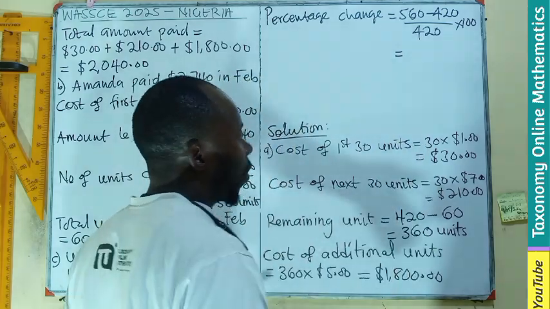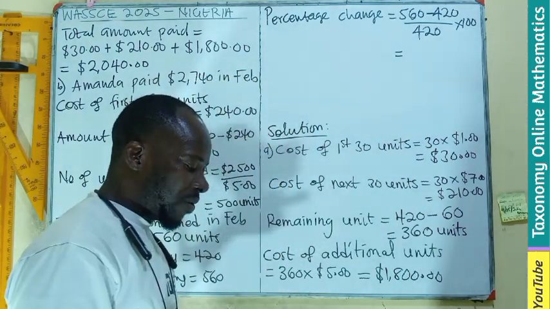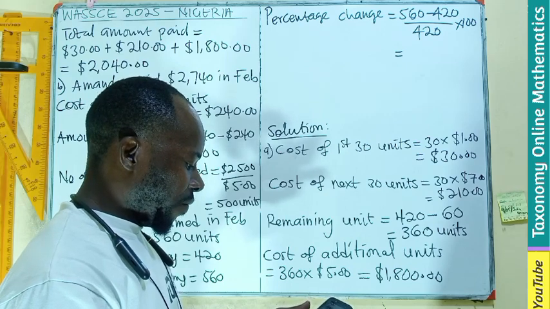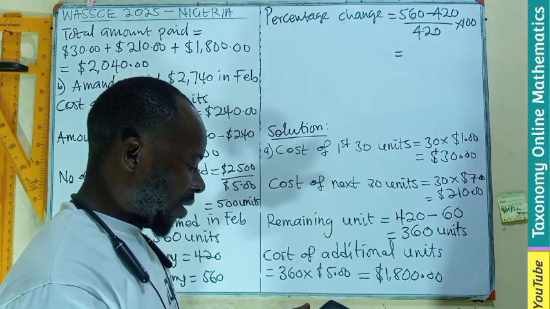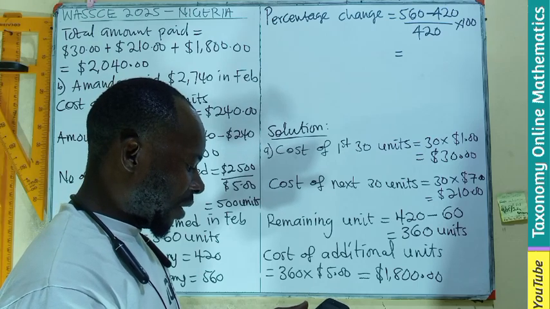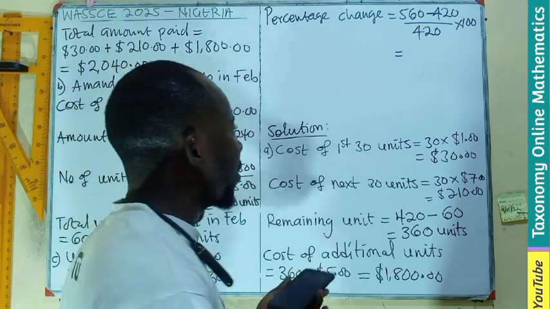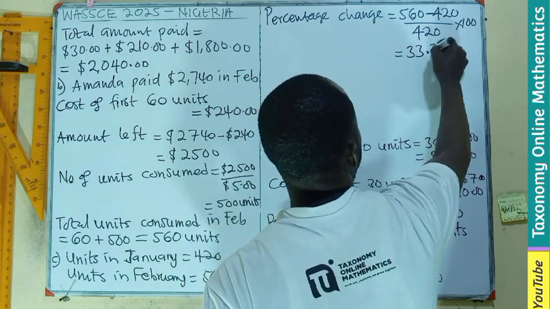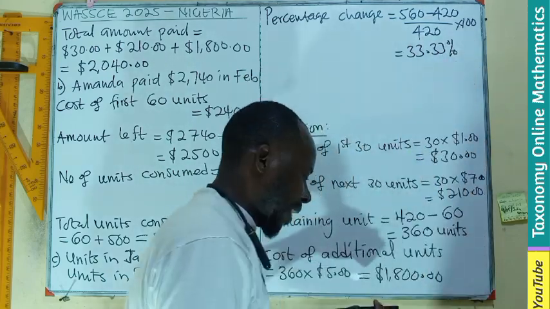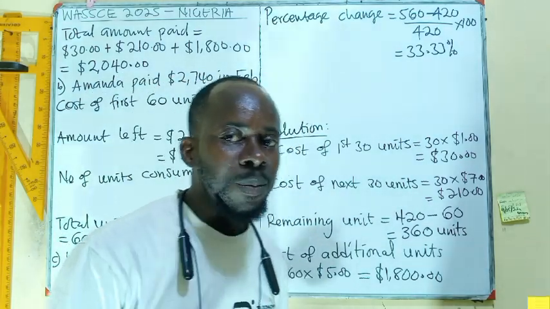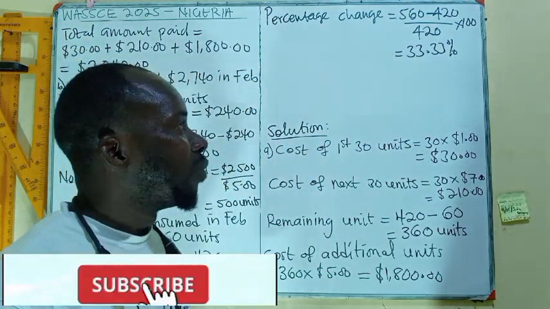Let's put it all in the calculator at once. 560 minus 420, divided by 420, times 100. In terms of decimals, we don't have any specification, so we have 33.33%. That is going to be the percentage. As a whole number, 33%, or 2 decimal places, that is what we have.